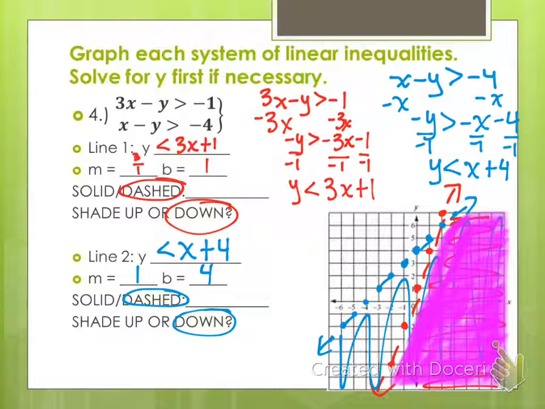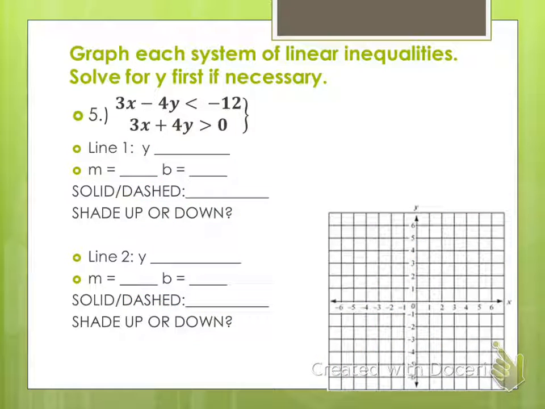All right, for our last couple problems, let's work on just solving for y together. Okay, I think that we've got the graphing part down, so let's just make sure that we can get y by itself on these. So for our first one on number 5, 3x minus 4y is less than -12.